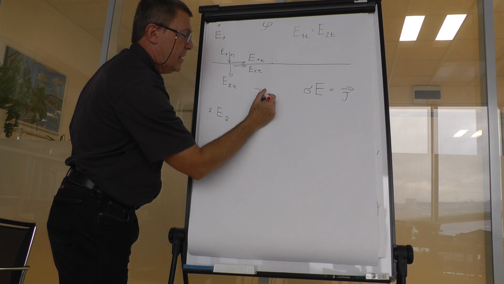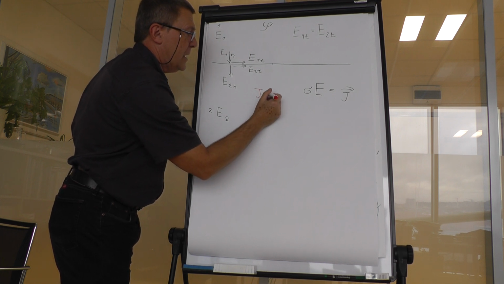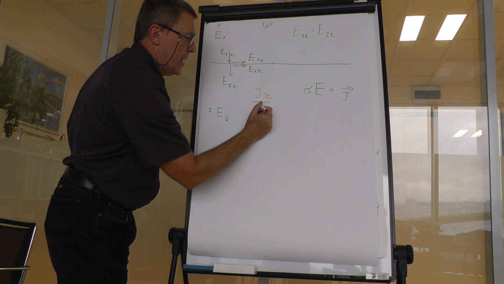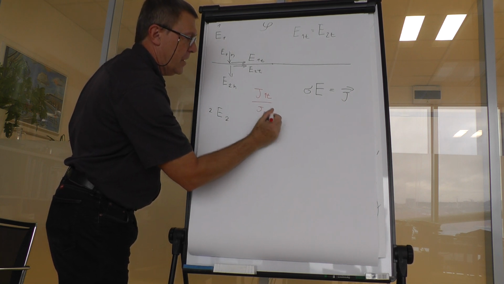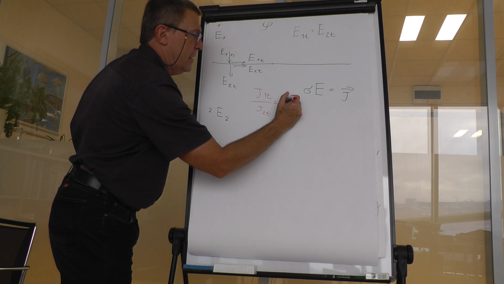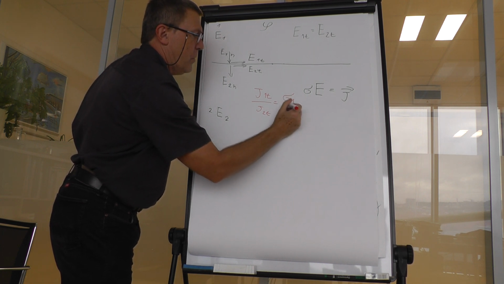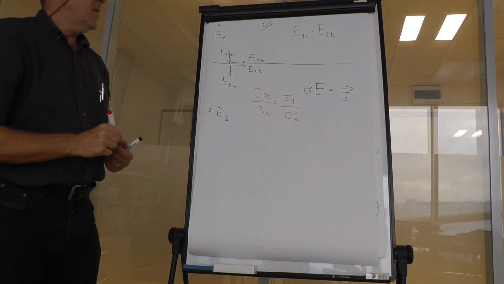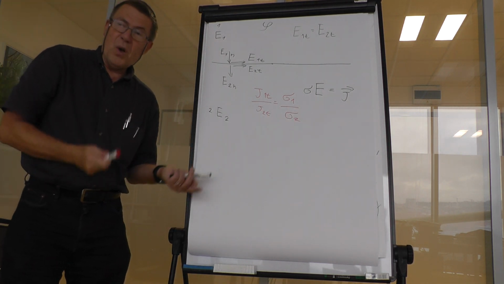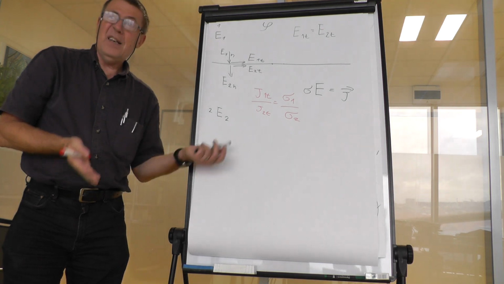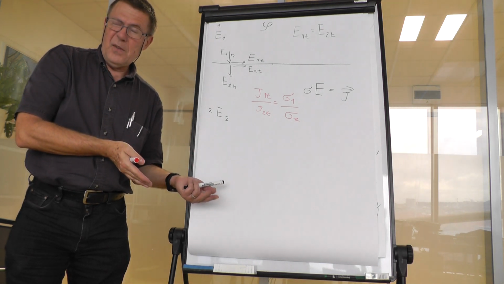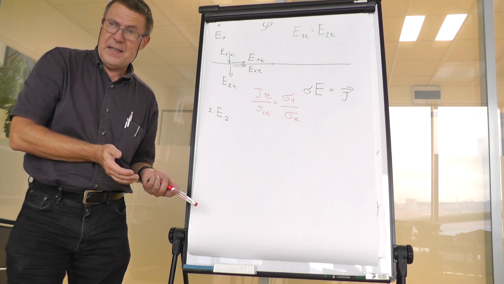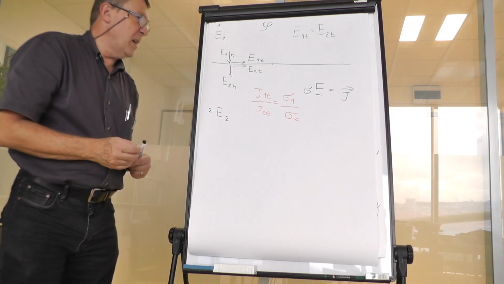J1 tangential over J2 tangential is sigma 1 over sigma 2. So the more conductive the media is, the bigger the current density at the interface in this media would be.